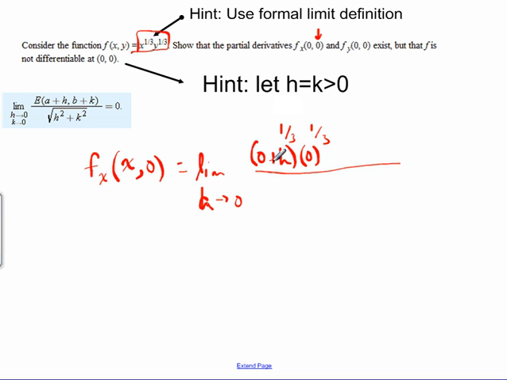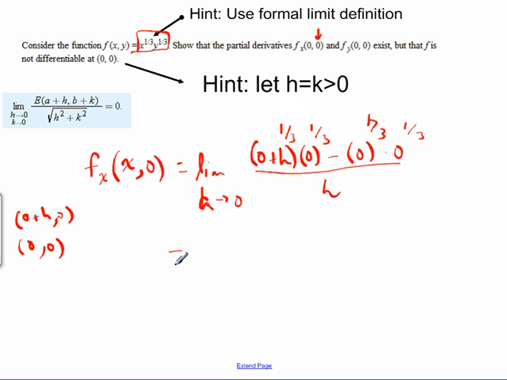Here I'm looking at my x point being 0 plus h, and then subtracting 0 to the 1/3 times 0 to the 1/3. This is just the limit definition of derivatives. I'm looking at the point (0 plus h, 0) and the point (0, 0). So I'm looking at how my function changes as I change h, and this is all over h.